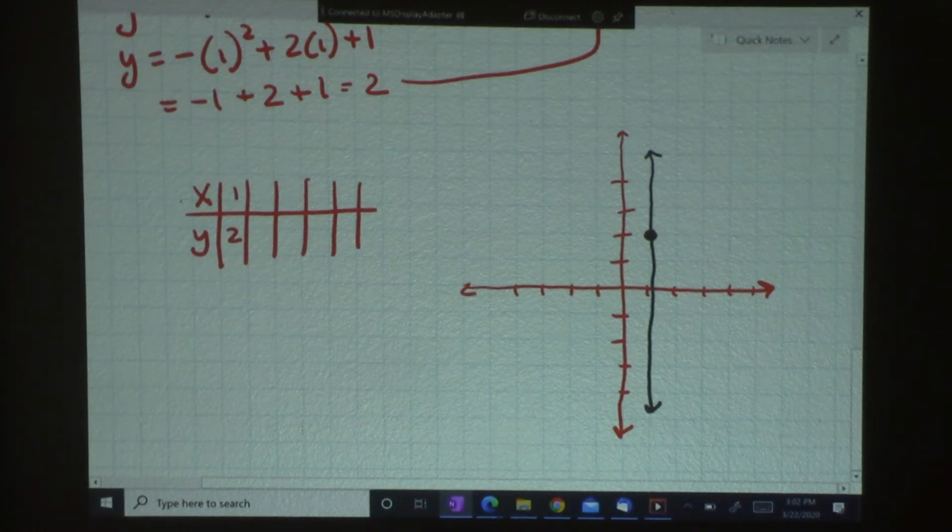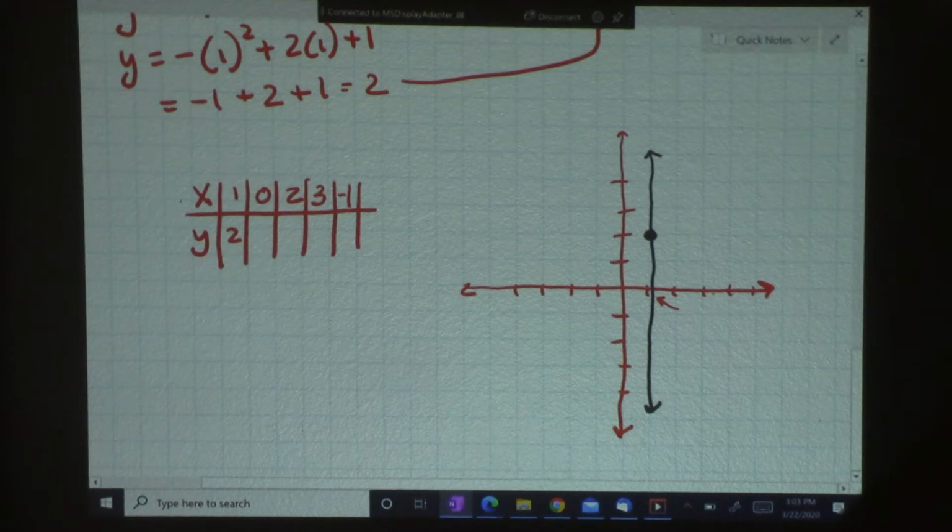Okay, so I'm going to pick x values that are around 1. Here's 1 right here. What is around 1? Well, where x is 0, that's next to 1. Where x is 2, that's on the other side, so we're going to put 0 in and 2 in. Okay. And then what would be one more removed? So I've got 1 here, 2, 3 would be 2 over. And going the other way, 0, -1.